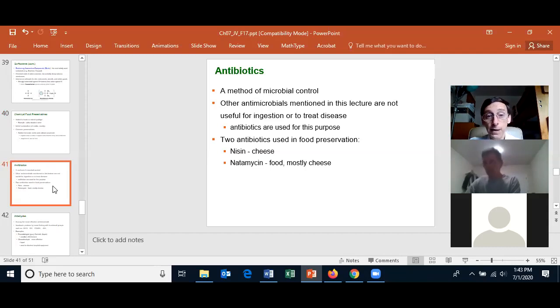So yes, antibiotics can be added to food, and nisin is the most common, then natamycin, and mainly they're added to cheese. So when you're eating cheese, you may be eating an antibiotic. They're mostly added to soft cheese. Okay, any questions?